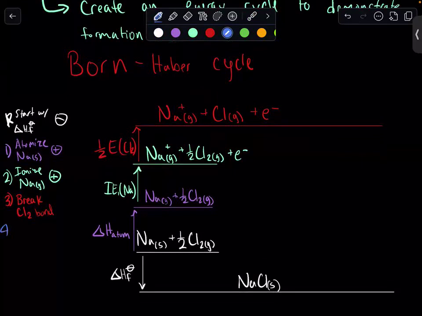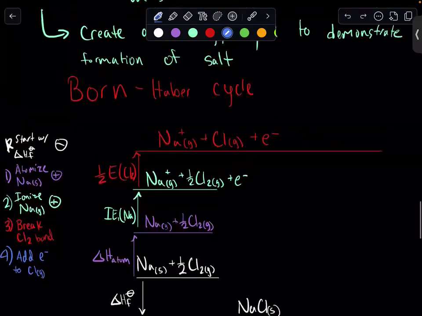All right, from there, step 4, we need to add an electron to chlorine gas. That's the electron affinity. That value is negative, so now we get to use a down arrow. The question is, where does this down arrow go? This down arrow, the gap between this and the electron affinity, oh, actually I made it too short.